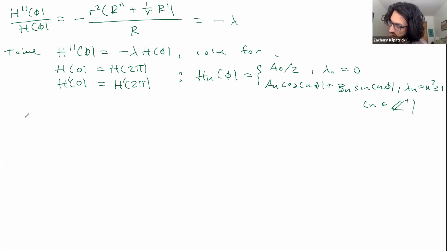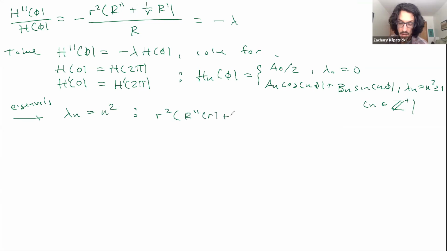Well, we now know that our eigenvalues are going to be lambda n equal to n squared. One of these is kind of special. It's the n equals 0 case, and so that's going to be a little bit different than the n greater than 0 case.